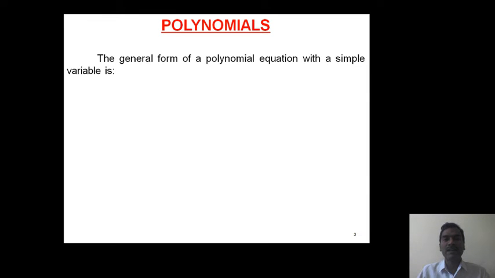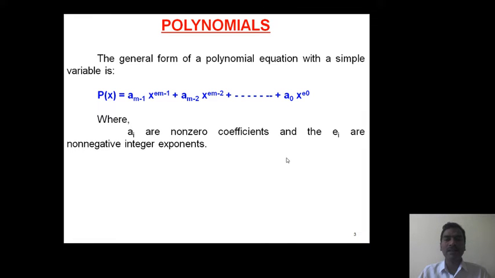Now when we observe the general form of a polynomial equation, this equation can be represented as p of x equivalent to a suffix m minus 1 x power e suffix m minus 1 plus a suffix m minus 2 x power e suffix m minus 2 plus and so on, a suffix 0 x power e suffix 0.